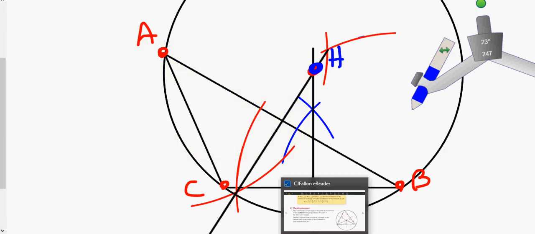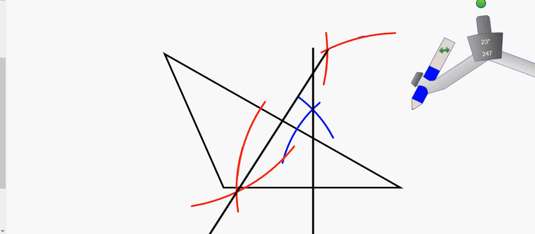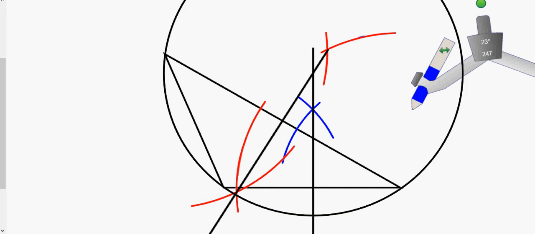Alright, so that's what the circumcircle is. Everybody cool with that? Now, from a formula perspective, here's what you need to do. Okay?